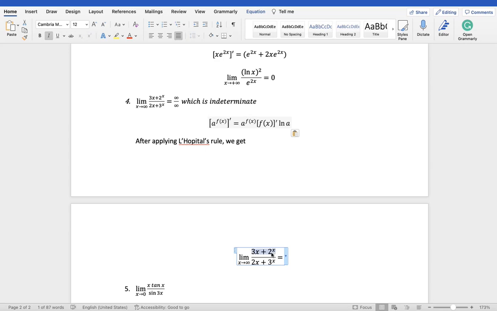Okay, 3 plus 2 ln 2. And does everyone agree here? Look at the original function, 3 plus 2 exponent x.